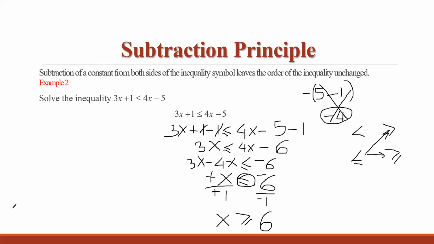Then you graph it. So this is 0. This is 1, 2, 3, 4, 5, 6. This is 6 here. Then this arrow shows that these numbers go up to infinity.